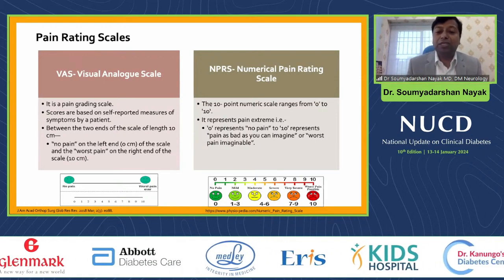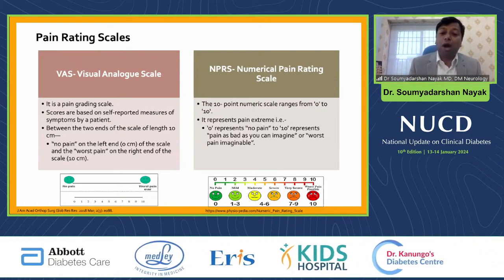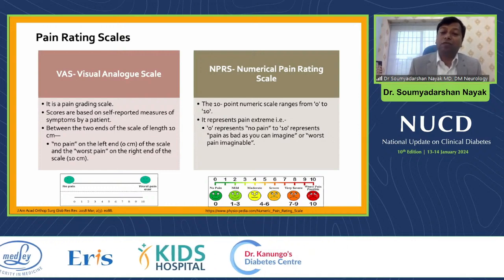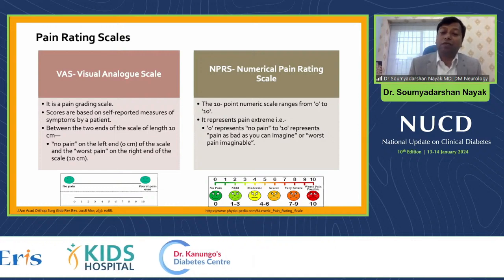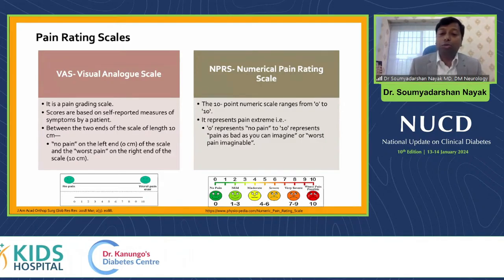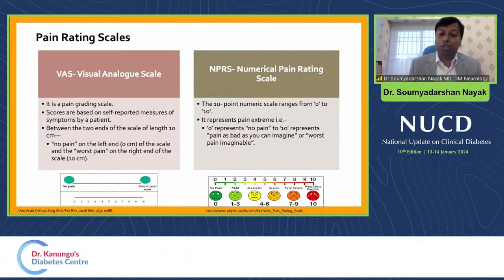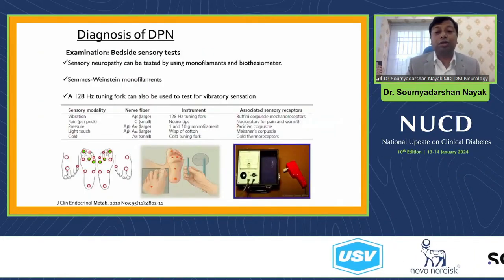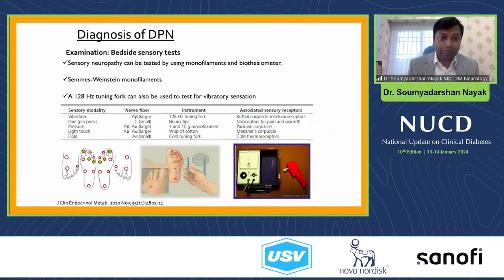These are simple pain scales where you ask the patient about the subjective pain, starting from mild, moderate to severe. 1 to 3 is mild, 4 to 6 is moderate, and 7 to 10 is severe. So this is just a screening rating about the severity of pain.